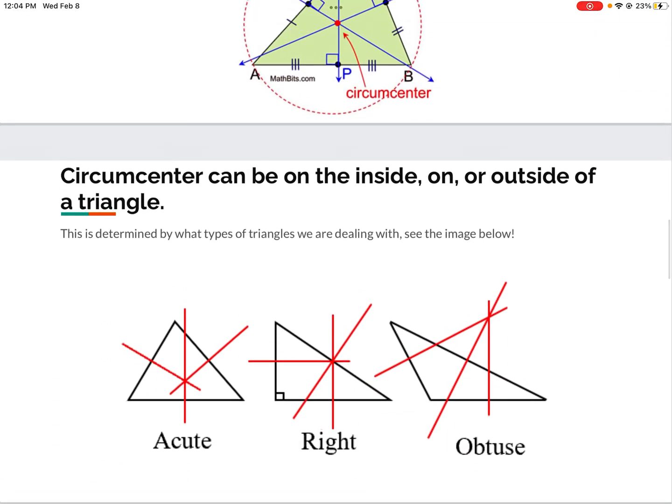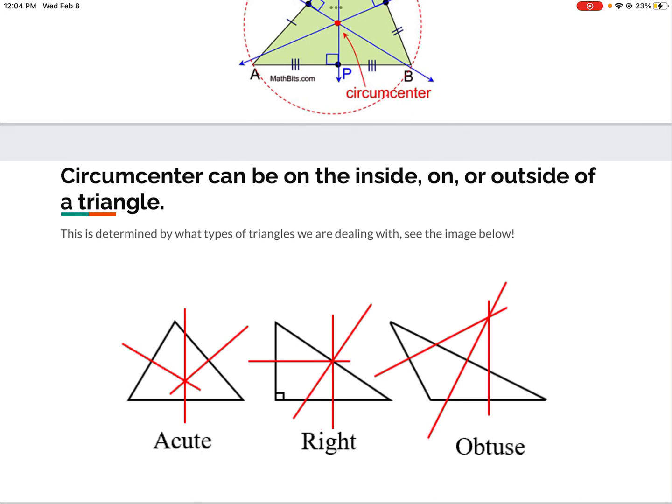Here's what I'm talking about when our circumcenter could be on the outside, inside, or even on the triangle. If I have an acute triangle, which means all my angles are less than 90 degrees, it's going to be on the inside. If I have a right triangle, that circumcenter is going to appear somewhere on the hypotenuse.